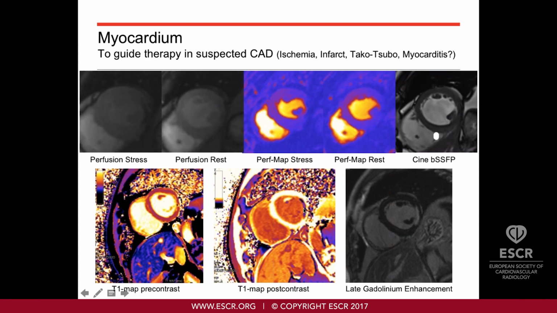So if we add this information from the structural analysis that we obtain from these images together with this information, this all ends up in infarction, which is of course hypoperfused, but there's no evidence of ischemia. That's an important conclusion to guide therapy, because in this patient there's no need for angioplasty because there's no evidence of ischemia.